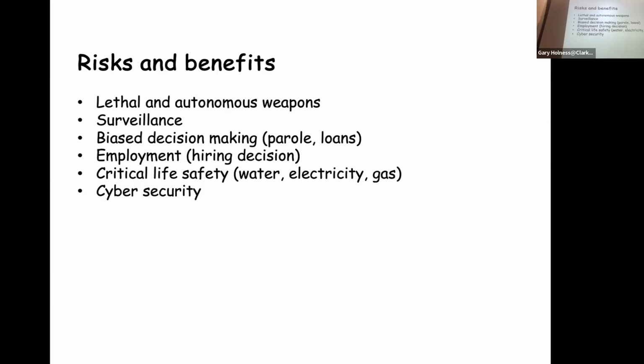Judicial information systems don't always make the right decision. In employment, they look at resumes using AI, and that can be very much gamed. Life safety systems, controlling the electrical grid or water delivery systems, and AI and cybersecurity, that's been done for about 15 years already, various AI systems.